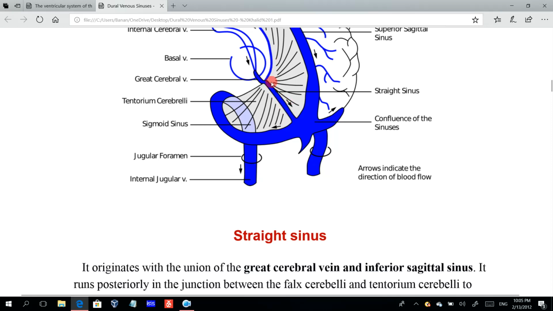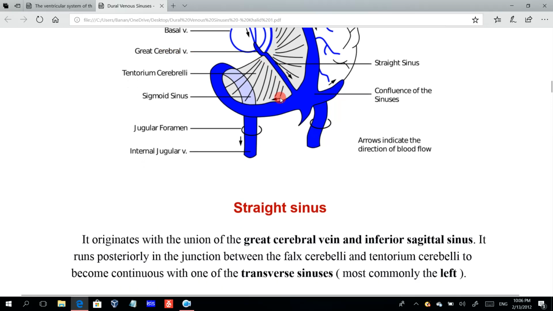You see, the straight sinus is formed by the union of the great cerebral vein with the inferior sagittal sinus. Okay.